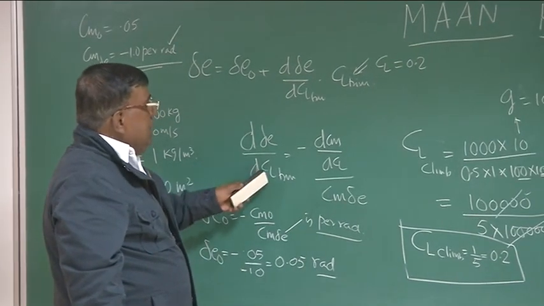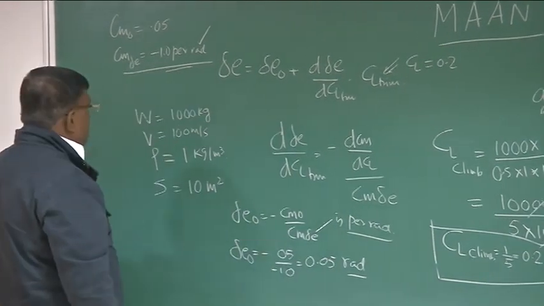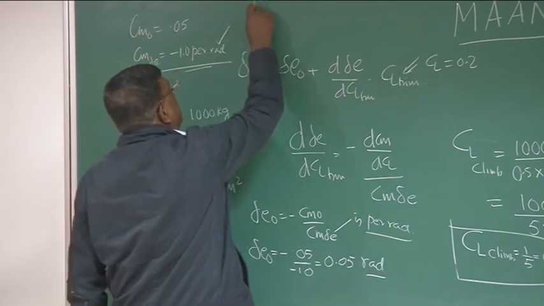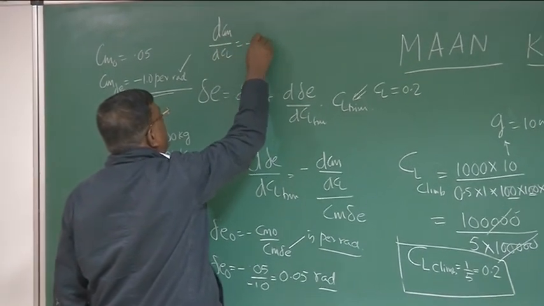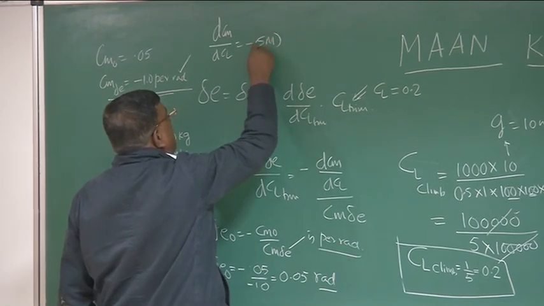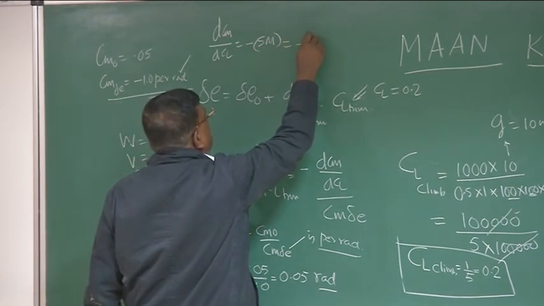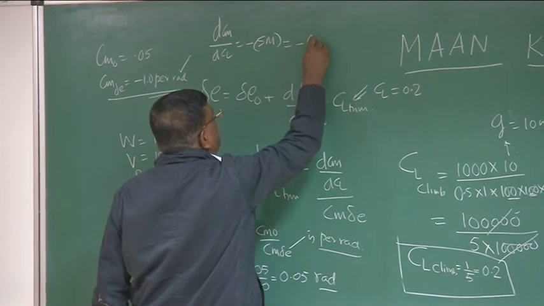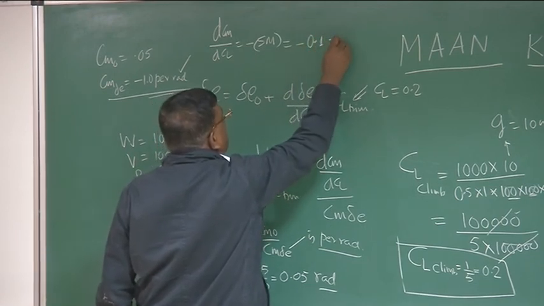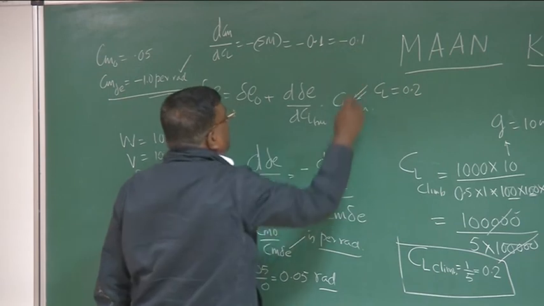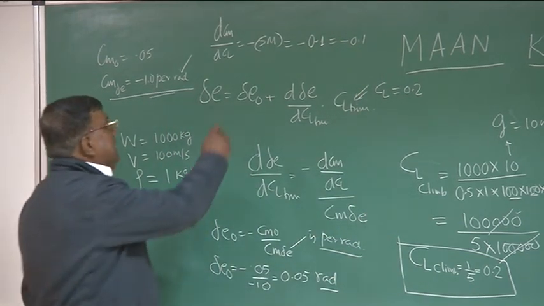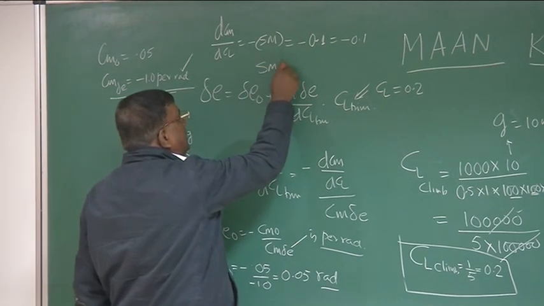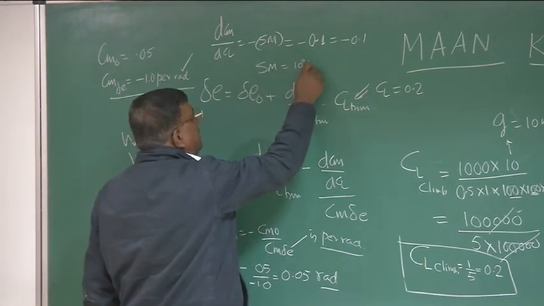Now I want d delta E by dCl trim. So further, let's say dCm by dCl. You remember dCm by dCl is given as minus static margin, and typically let's say the static margin is 10%, so it is 0.1, so this value is minus 0.1. What is the static margin? The airplane has a static margin of 10%.